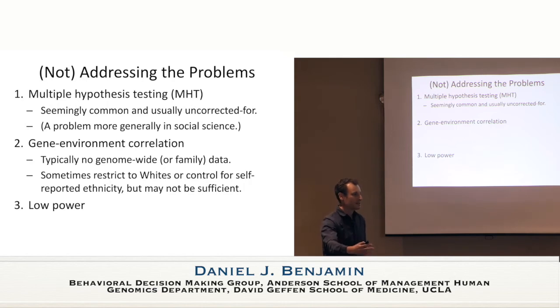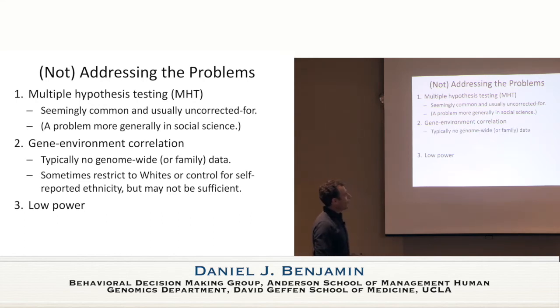Different researchers came to these data sets because there were only a handful that had these candidate gene measures. People would test different hypotheses, and some groups would just give up their projects and go home, and other groups that found something would publish their finding, and this was uncorrected for. This is, of course, more generally a problem in the social sciences, as we're seeing with the current replication crisis.